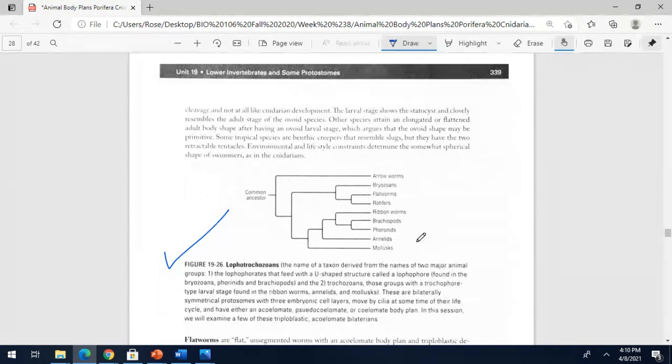Unit 20 would be Lophotrochozoans, 21 is going to be ecdysozoans, 22 is going to be deuterostomes 1, and 23, which is your last unit, will be on deuterostomes 2. So today we're going to talk about the flatworms in our Lophotrochozoans. That's why we said some protostomes today.